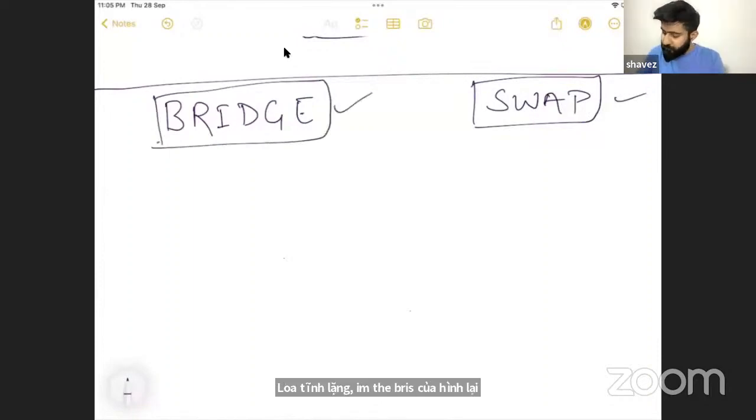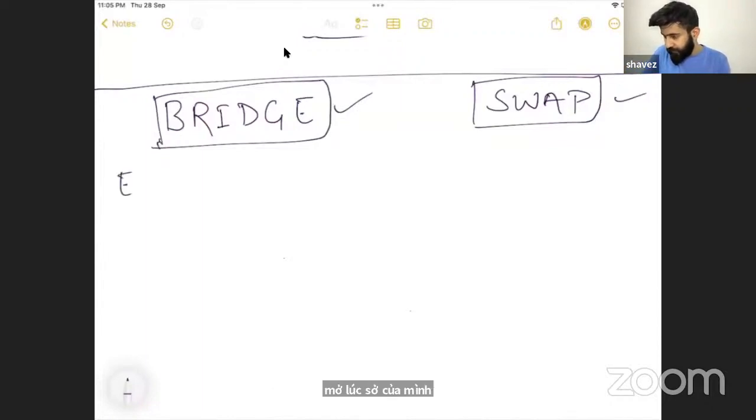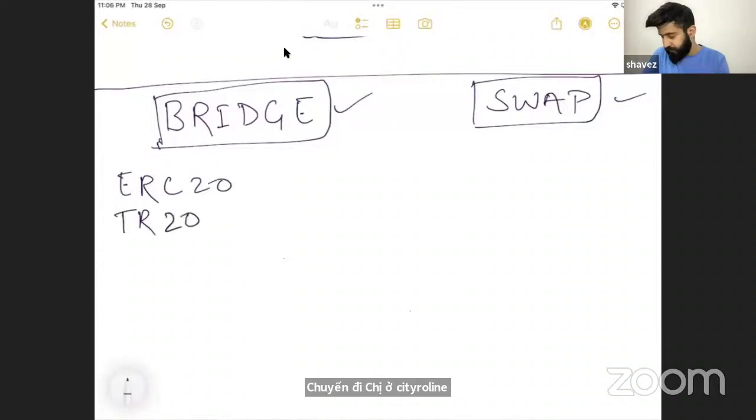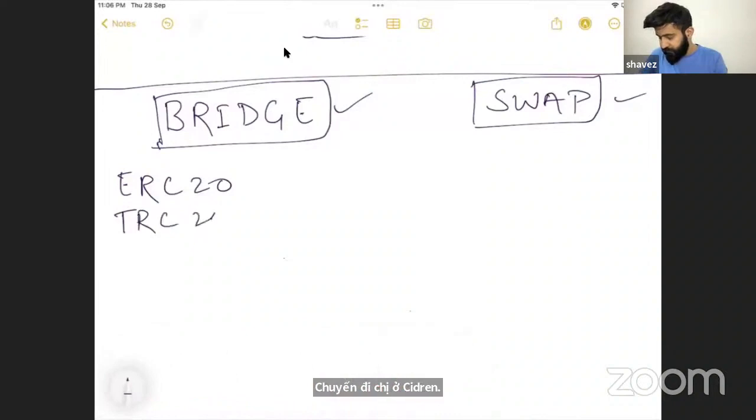So the bridge you will use to bring the ERC 20, TRC 20 assets to BTC 20.